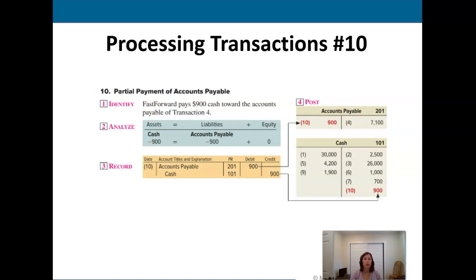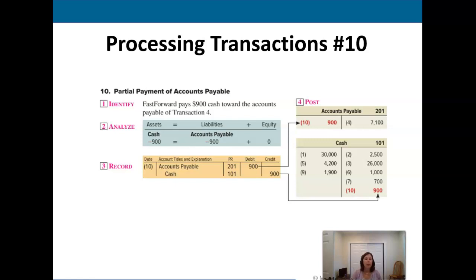And so now we are going to make a partial payment for one of the transactions that we had earlier, and I can't now remember what we bought. But anyway, we had an accounts payable that was outstanding that we owed to somebody, and we're not going to pay all of it, we're going to pay part of it.